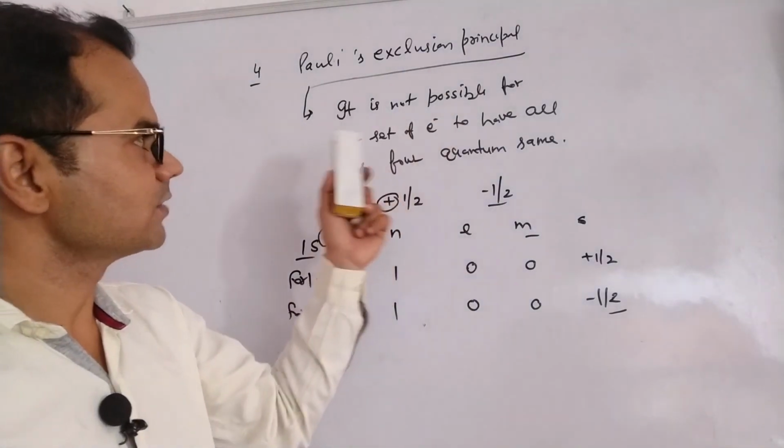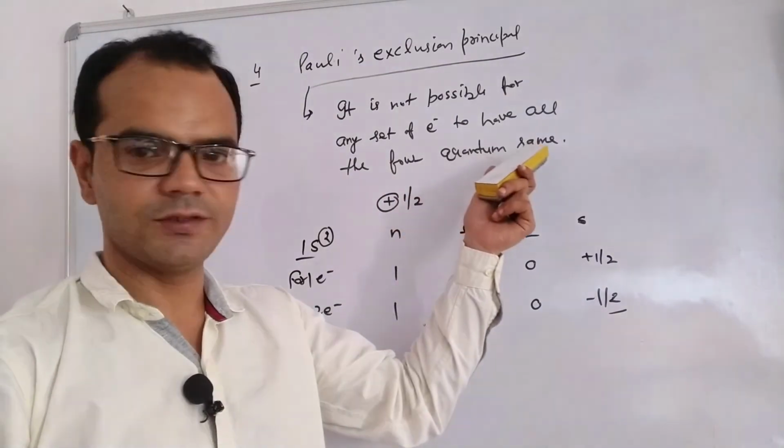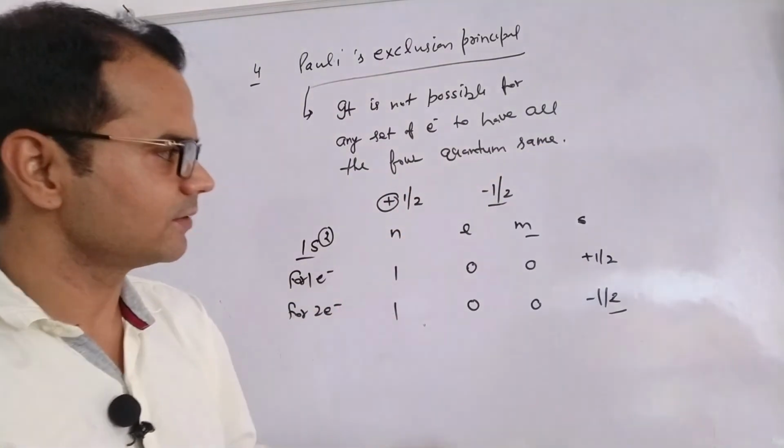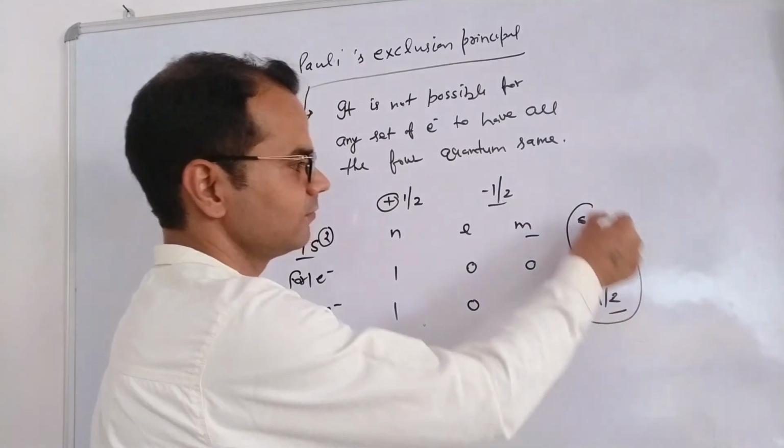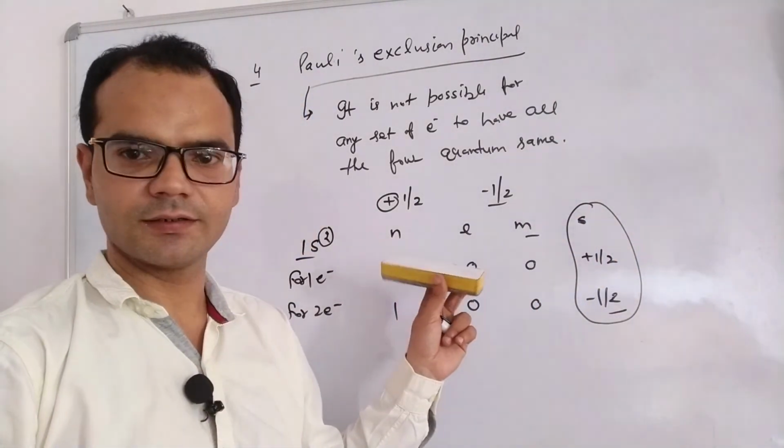So it is not possible for any set of electrons to have all the 4 quantum number values the same. One value must be different, that is the spin quantum number value will be different.